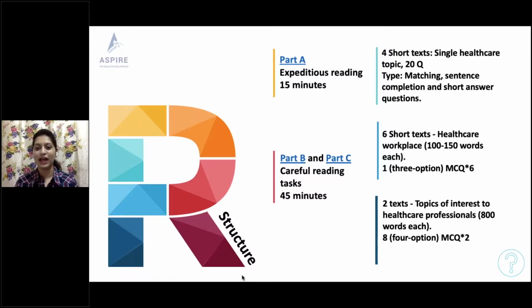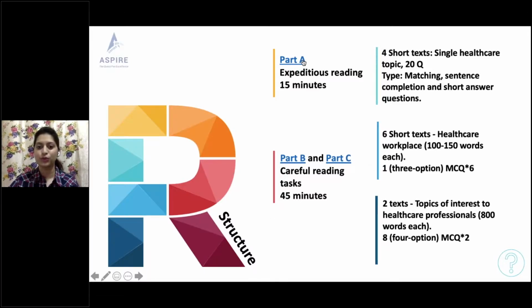It will have 4 short texts, comprising a single healthcare topic, and you will have 20 questions that follow. Part A is the one that will have a diversity of questions. For example, it'll have match the following, or to be more specific, match the paragraph to the question, sentence completion, short answer questions, single word phrases, single word answers, and all of that.